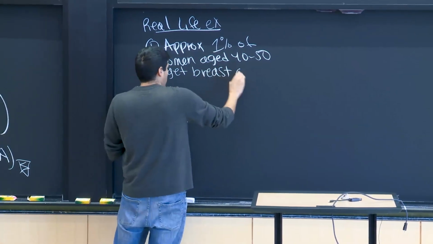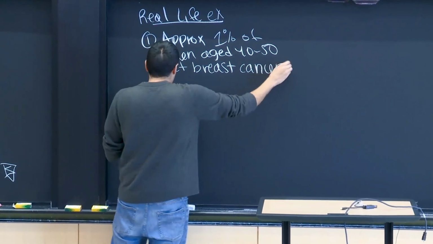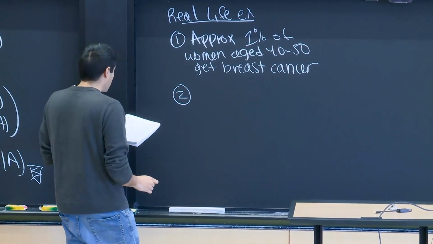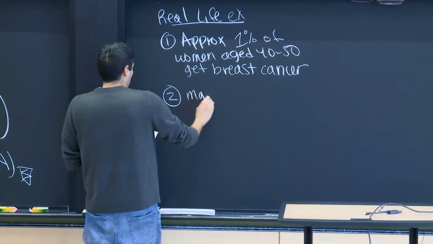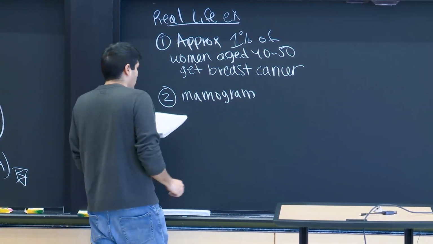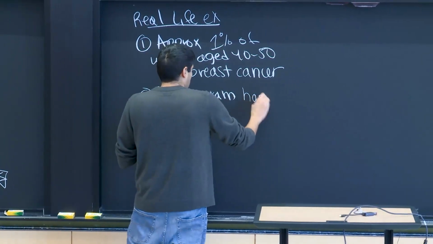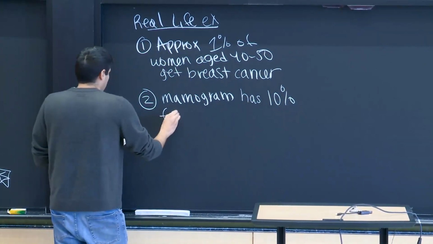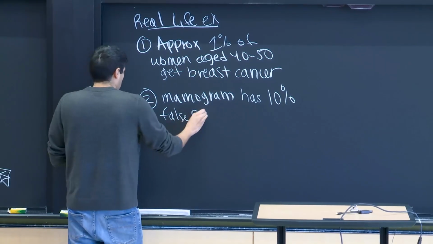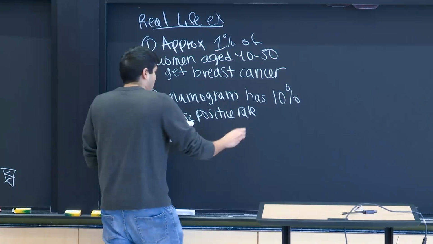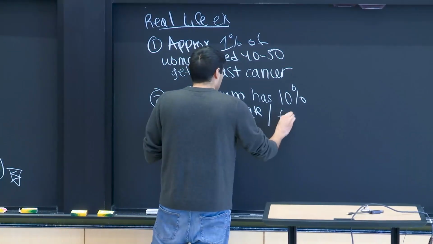That is a shockingly high percentage, but it's a true fact. And one of the ways that you can try and screen for breast cancer is a mammogram. A mammogram is not a perfect test, so it has a 10% false positive rate. I'll tell you what I mean by that in a second. And similarly for its false negative rate.